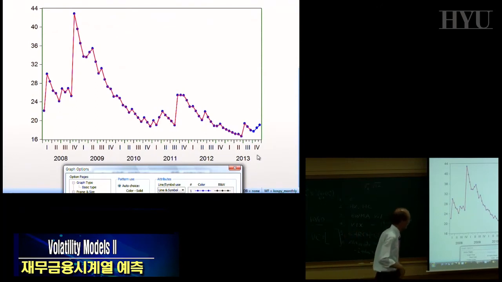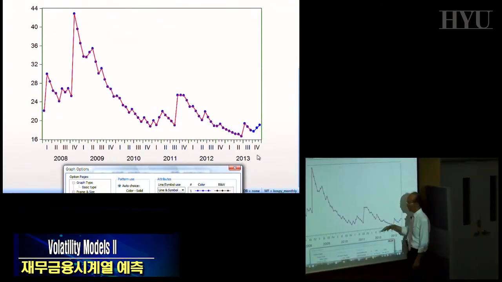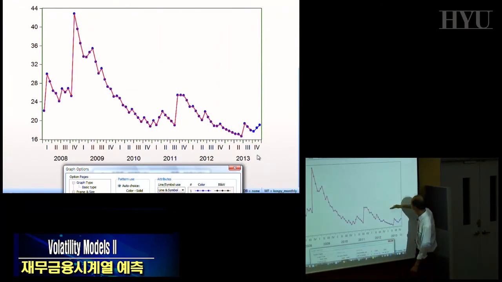So basically what it does is, this is a 20% line here. So probably over this sample, baseline volatility is somewhere, let's say, 25%. This level.